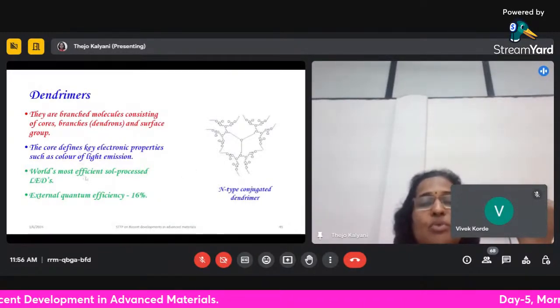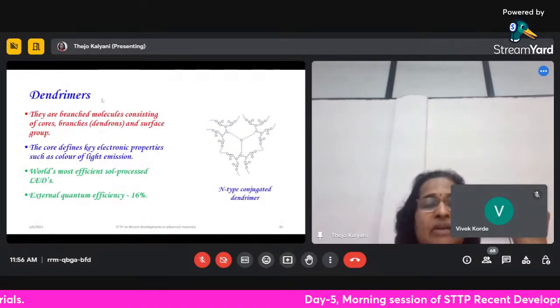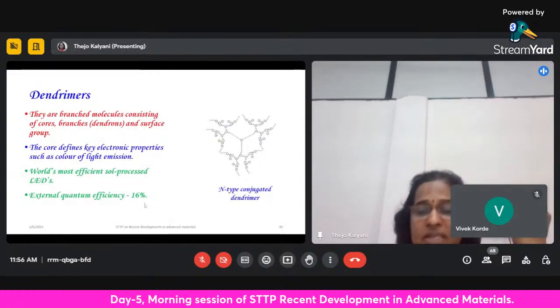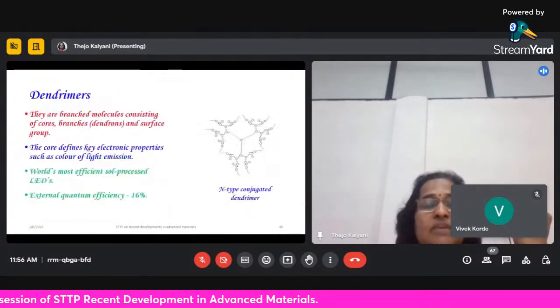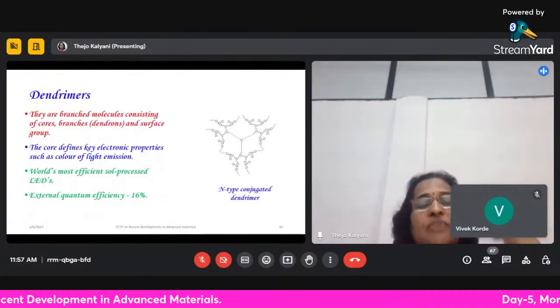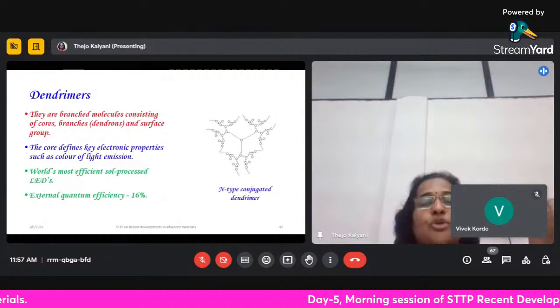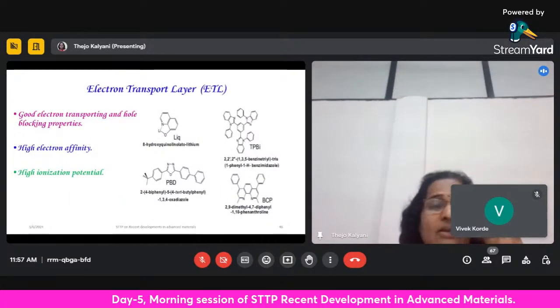The world's most efficient solution processed LEDs are made with these dendrimers, and the quantum efficiency of these devices is around 16%. So we can use small molecules, polymers, or dendrimers, and when we use these materials to make devices, they are known as organic light emitting diodes.